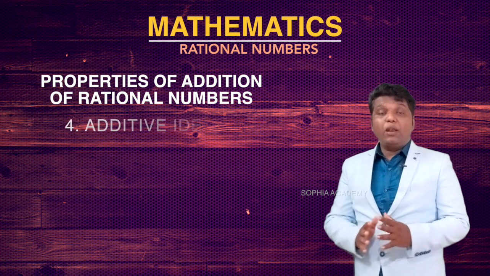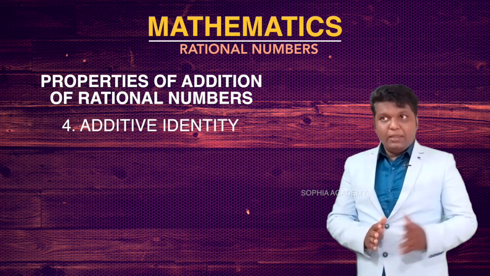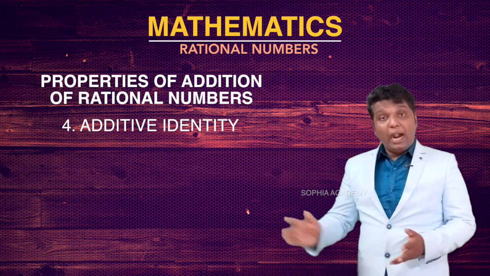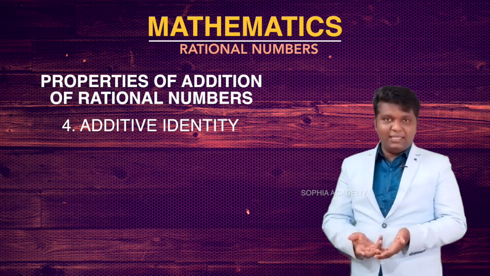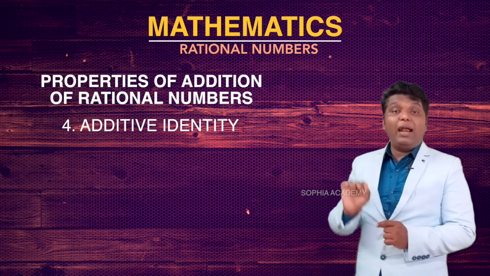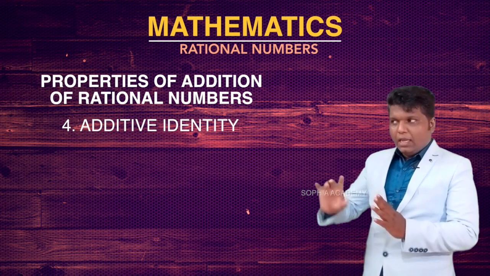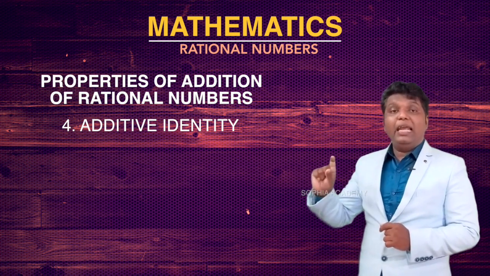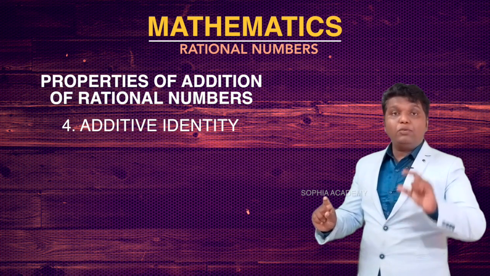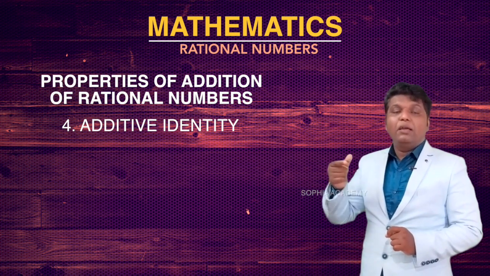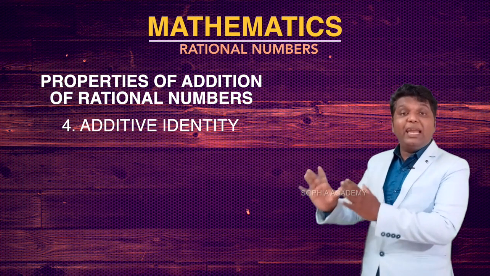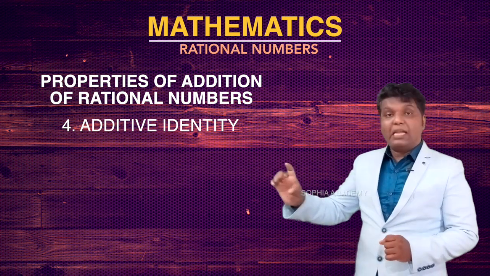The next one is what we call additive identity. There are multiplicative identities also. Additive identity is very important. What is the meaning of additive identity? If you are given a rational number, you have to say by which rational number it should be added so that you will get the same rational number as the answer.